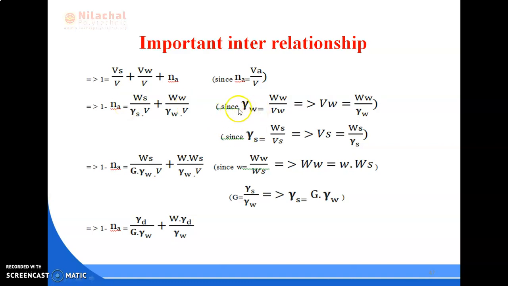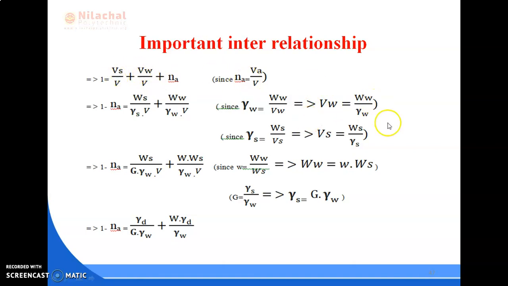First we write down on the right part gamma w, already discussed in a previous relationship. Gamma w, the unit weight of water, equals Ww by Vw, which implies we have to change the places of Vw and Ww.